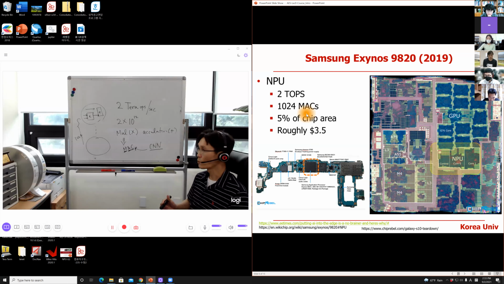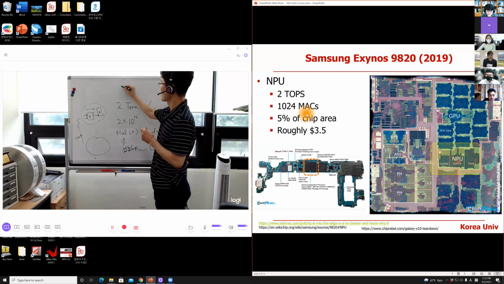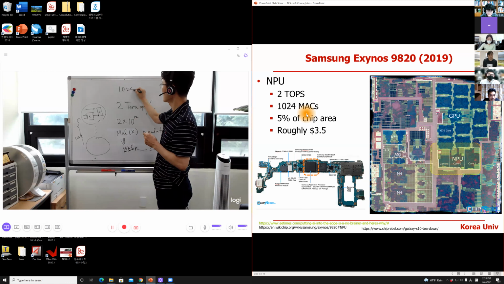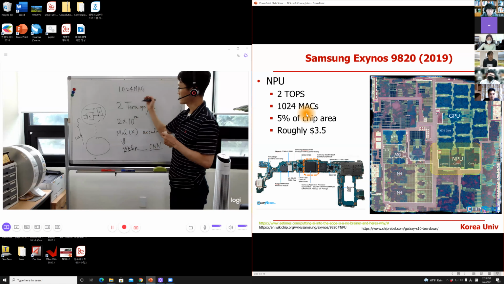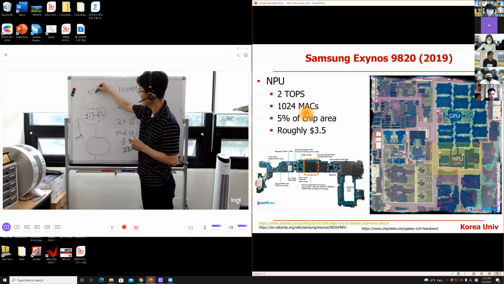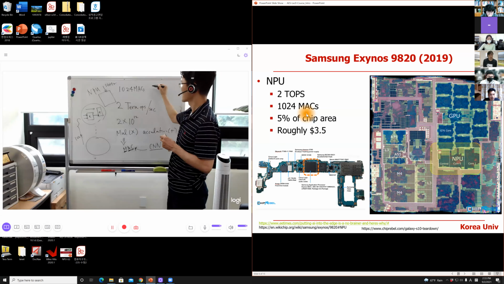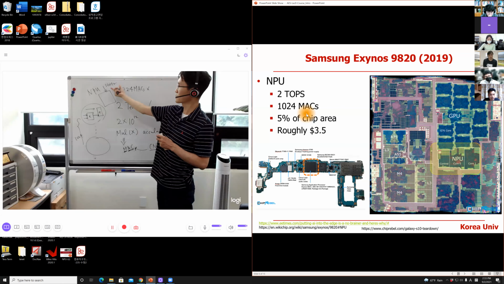So 1024 MACs. Let's do a little math. If the NPU is running at 1 gigahertz, for example, what is 1 gigahertz?